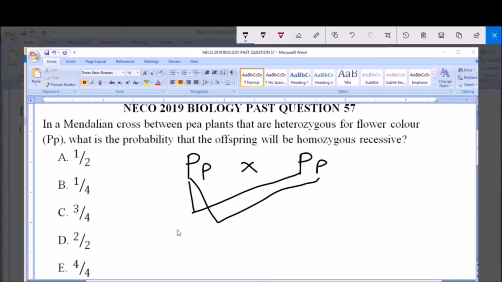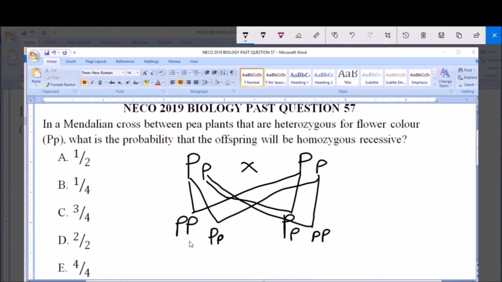Here we have PP, homozygous dominant for this flower color, and Pp, heterozygous dominant for this flower color. Then we'll also have Pp, heterozygous dominant for this flower, and then small p small p, homozygous recessive for this flower.